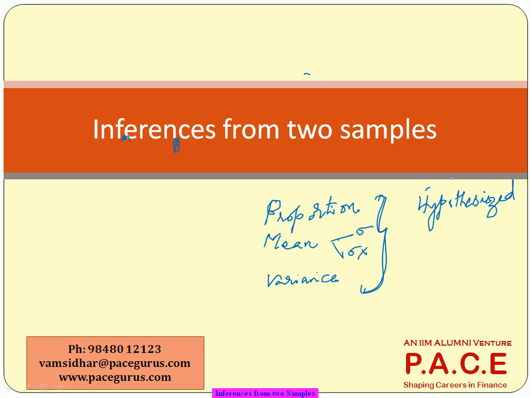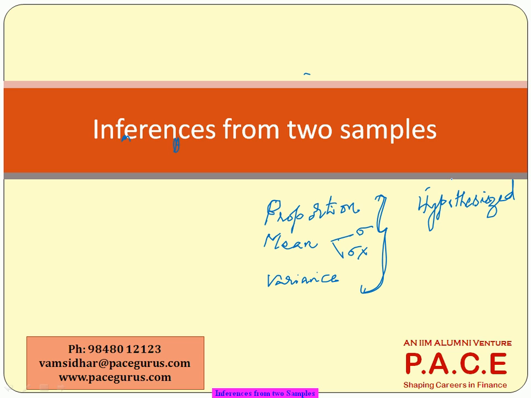So what we have observed in these kinds of claims was that the comparison or the hypothesis is always against a fixed value. Variance is equal to 15%. So it was against a constant value.